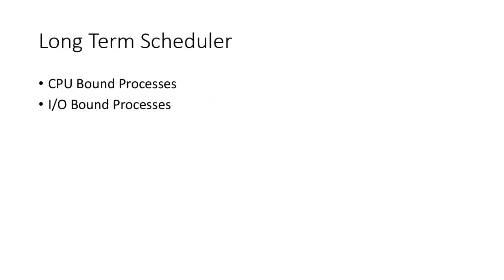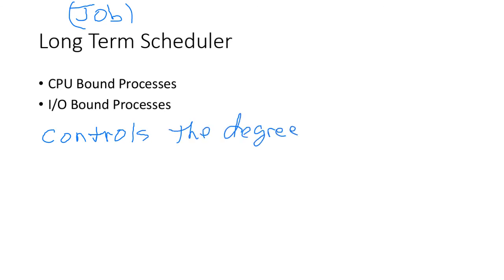And that is the long-term scheduler. It's also called the job scheduler. It controls the degree, or the number, or the amount of multi-programming.